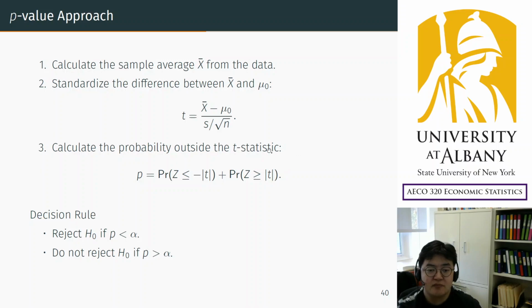Then finally, this is your final product, and you make your decision based on the p-value after comparing it to the significance level. Simply reject the null hypothesis if the calculated p-value is smaller than the significance level.